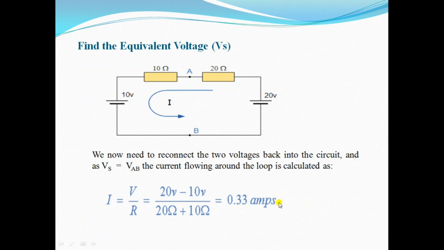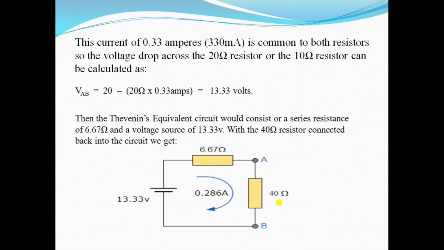Current is measured in amps. The current of 0.33 amperes, converted into milliamperes, becomes 330 milliamperes.